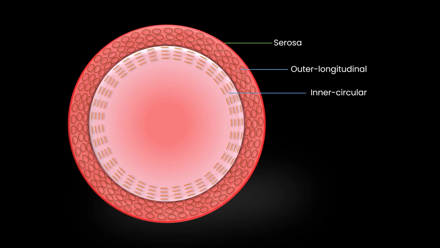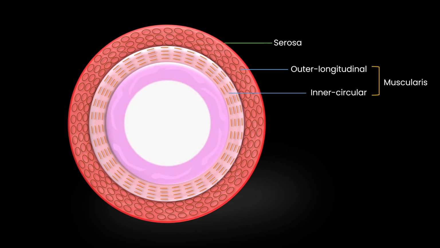Only in stomach do you find an extra region which is an oblique region. So together the outer longitudinal and inner circular are part of the muscularis layer. Next to muscularis is submucosa. It is formed of loose connective tissue containing nerves, blood vessels and lymph vessels. Glands are also present in the duodenum region.